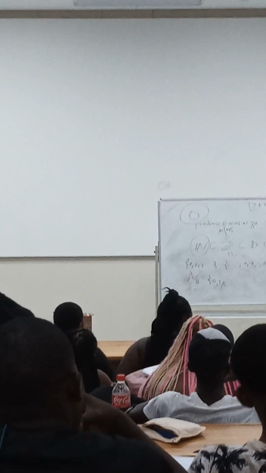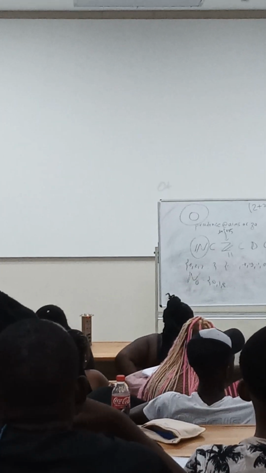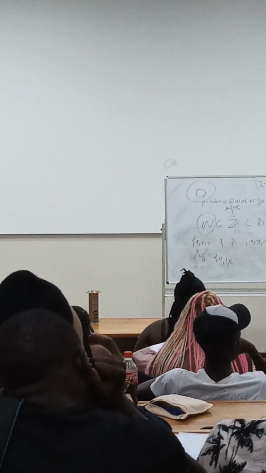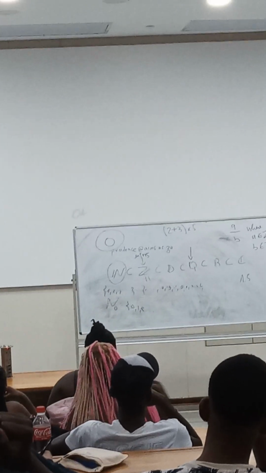Okay? So when we talk about rational numbers, you can actually classify them. A rational number could be either an integer, or a square root, or a repeating decimal, or a terminal decimal. Let me write it down.